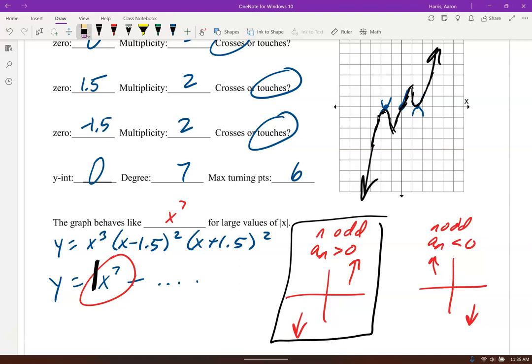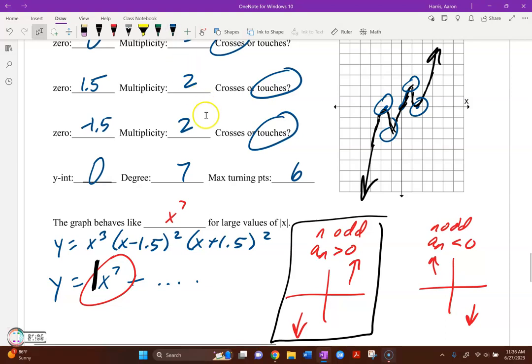So if you notice, this one's got 1, 2, 3, 4 turning points. It could have had 6, but again, you can plug in some more values. In fact, we'll take a look at this in Desmos and show you a nicer look at this.